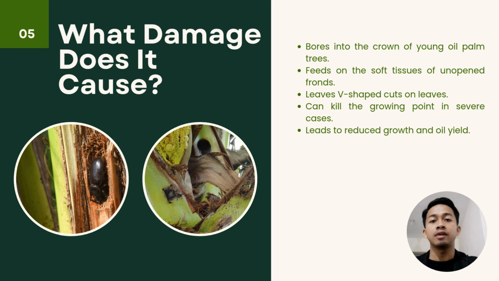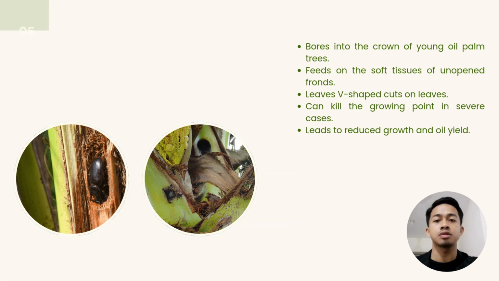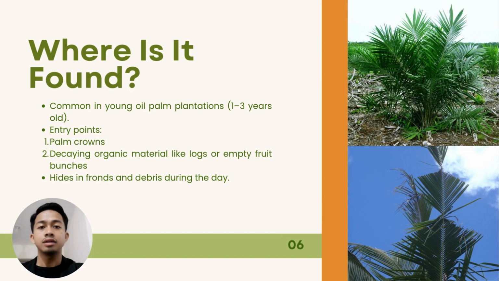Over time, if the damage is severe, the growing point can be destroyed completely, causing the tree to stop growing. In the worst-case scenario, the palm may die. Even if the tree survives, the damage can delay fruiting and reduce oil yield significantly. This makes the rhinoceros beetle not only a biological problem, but also a major economic concern for plantation owners and smallholders.